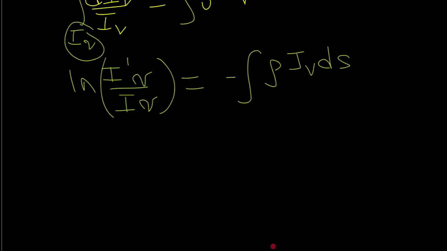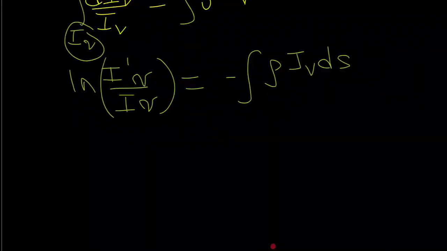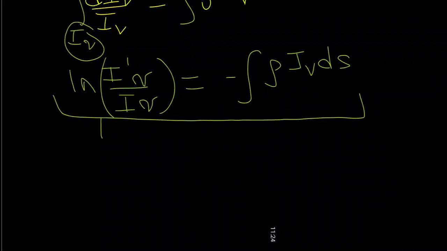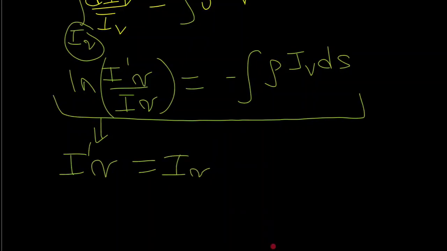Now after performing this, after removing the logarithm, what I can conclude is that I dash mu is equal to I mu, which is our initial radiation, times e to the power negative of the integral of rho j mu ds.